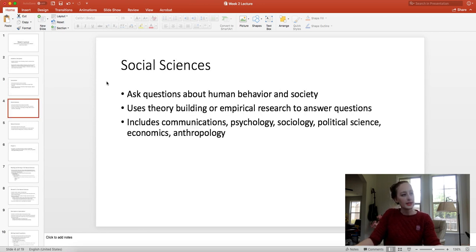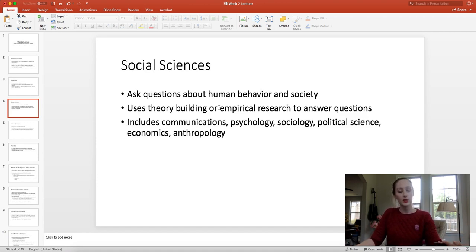So the social sciences ask questions about human behavior and society. Different from the humanities, which look at the human condition, more like what it means to be human, the social sciences are very focused on human behavior and social structures. They focus on theory building or empirical research. I think most of you are familiar with what empirical research means from science classes, but that just means data.